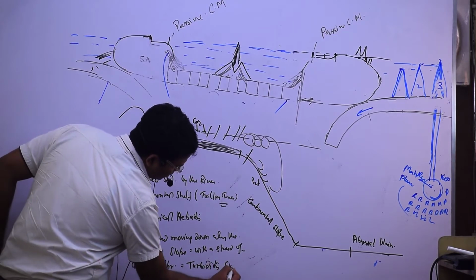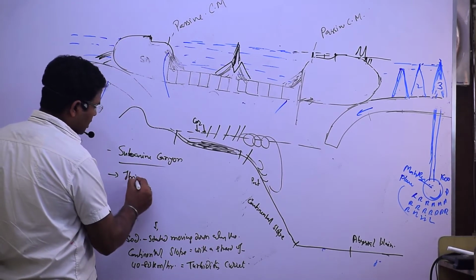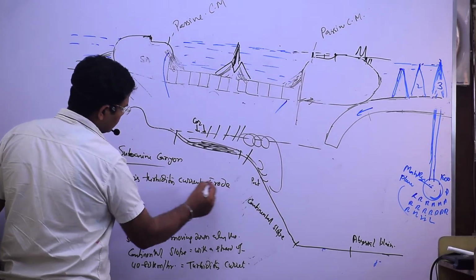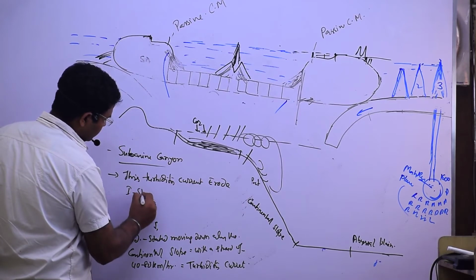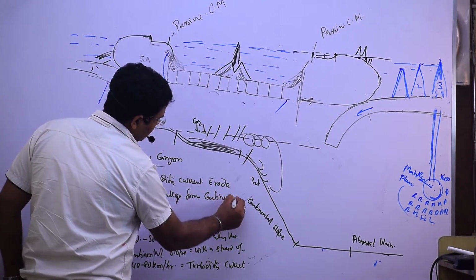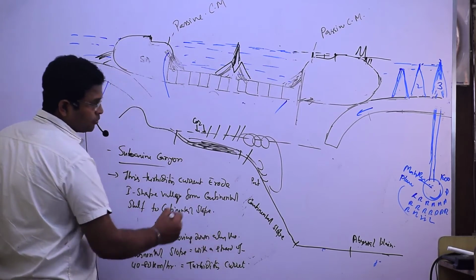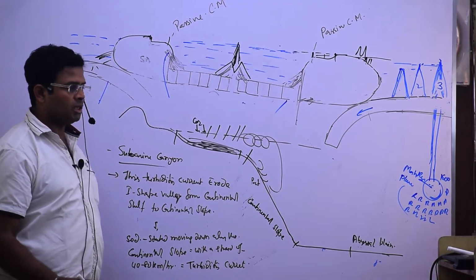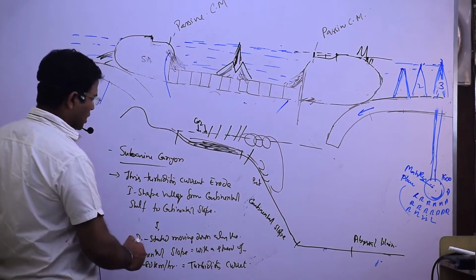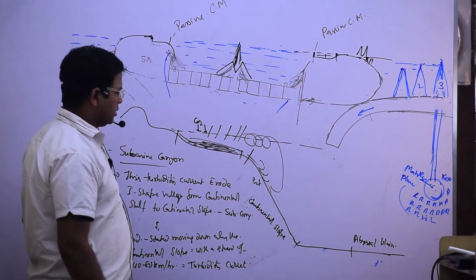This turbidity current erodes the V-shaped valley from the continental shelf to the continental slope, and this is known as a submarine canyon.